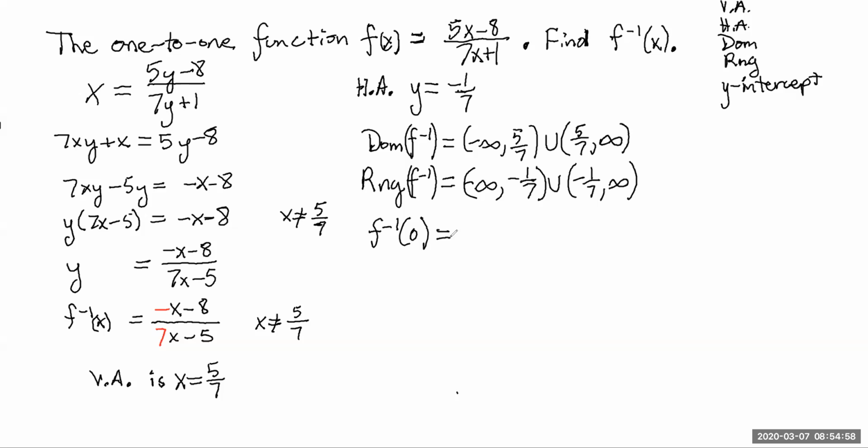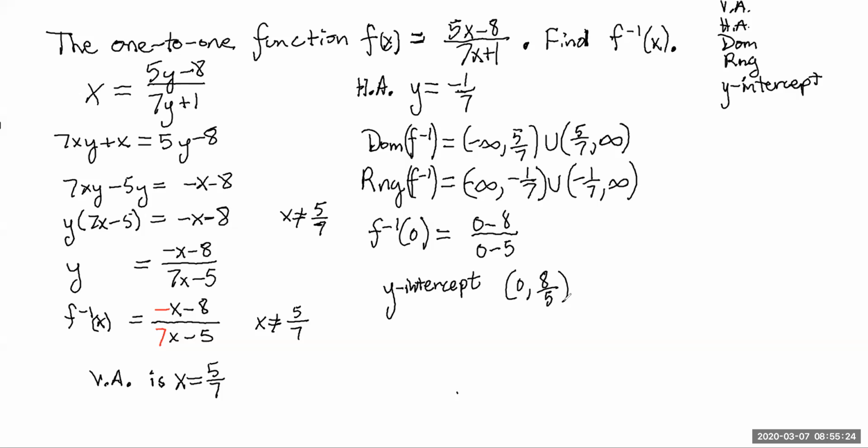The input is 0, and the output is always a y value. So we have 0 minus 8 over 0 minus 5. So our y-intercept has an ordered pair. If we translate our y-intercept into an ordered pair, we get (0, 8/5).